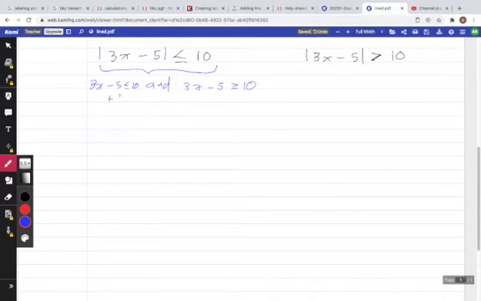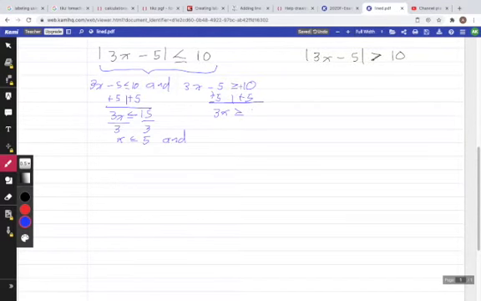So adding 5 to both sides of my equation, ending up with 3x is less than or equal to 15. Divide each side by 3, ending up with x is less than or equal to 5. And on my right-hand side, we would add 5 to both sides of our equation, and then we would have 3x is greater than or equal to negative 5.